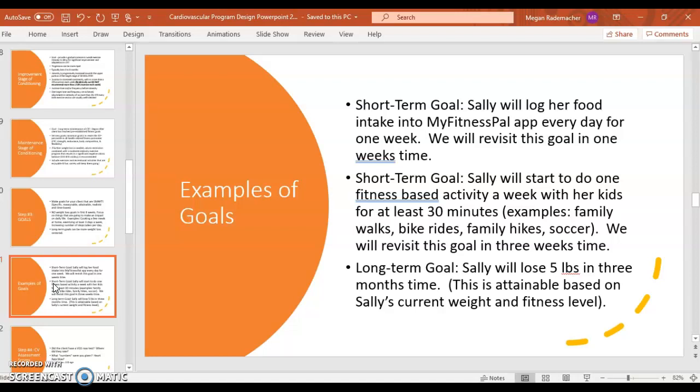Now let's just talk about your scope of practice briefly as a personal trainer. You are absolutely allowed to have a client log their food or journal their food for a week and for you to look at it and say, Sally, I noticed that on Wednesday you had ice cream at 9 p.m. Probably not the best and healthiest choice, right, Sally?